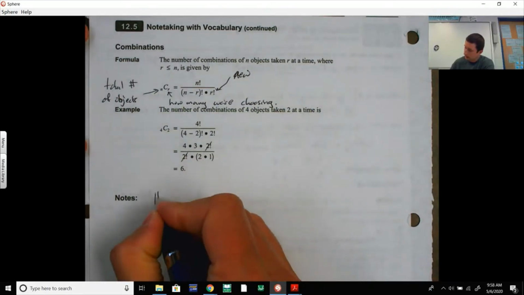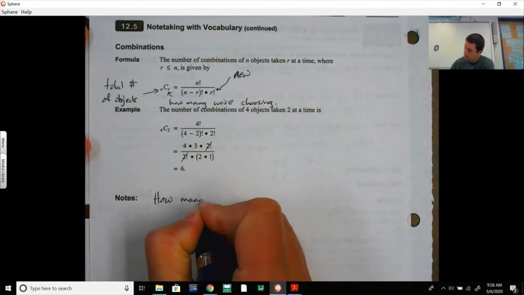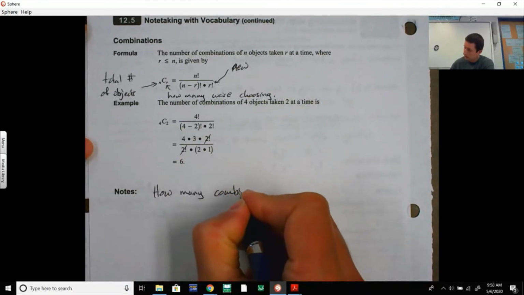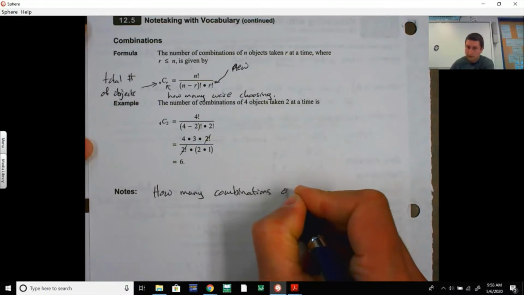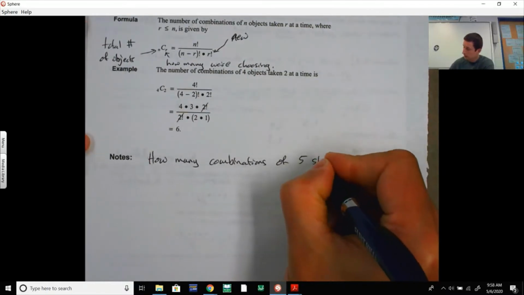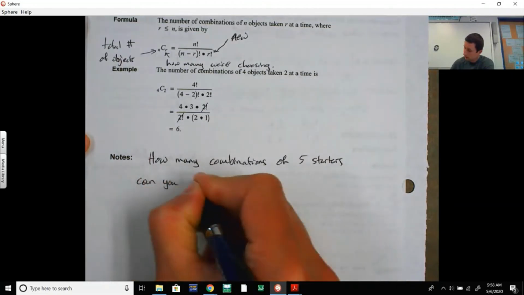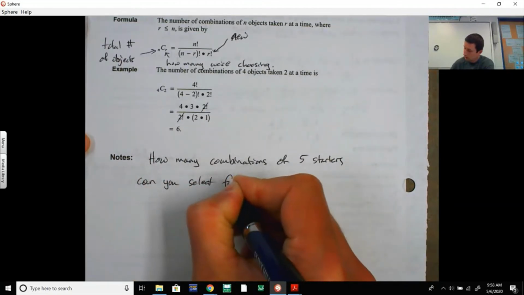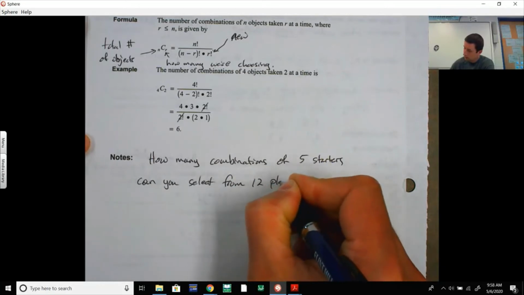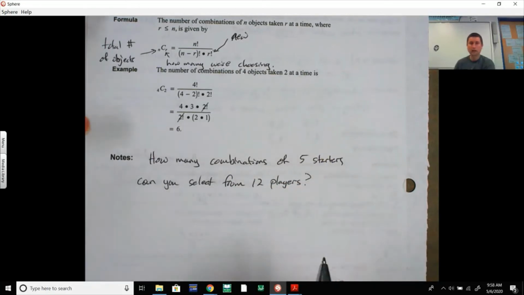Let's say we ask: how many combinations of 5 starters can you select from 12 players? Now, we're not looking for the order of these starters. We're not doing a starting lineup where this one's listed first. We're just saying how many combinations of 5 can we have. If you have players 1, 2, 3, 4, and 5, that would be the same as 5, 3, 2, 4, 1.